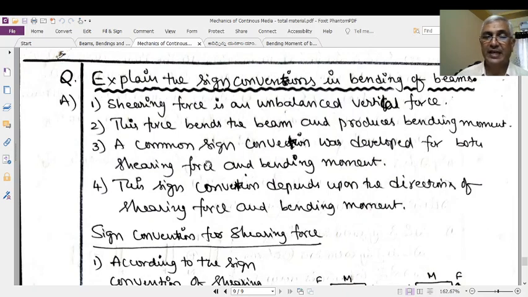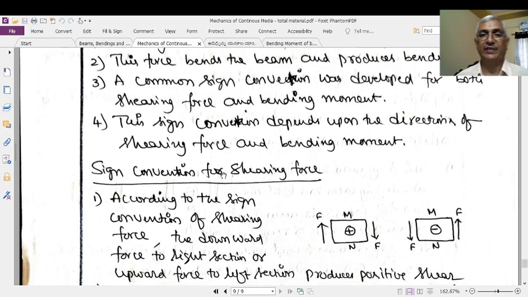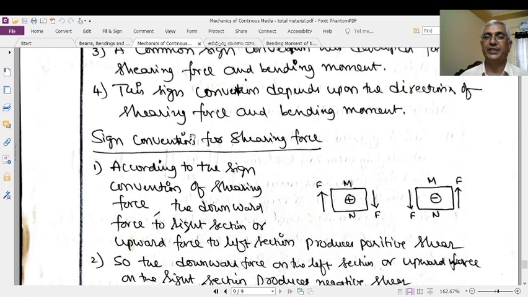What kind of shearing force bears what kind of sign, and what kind of bending moment bears what kind of sign, is nothing but the sign convention. This depends upon the direction of the shearing force and the direction of the bending moment.